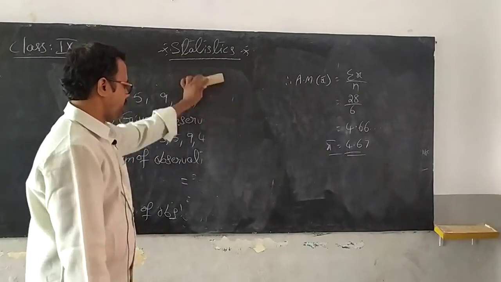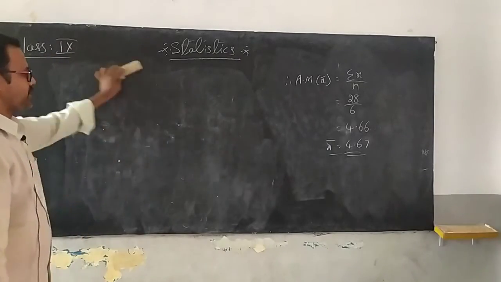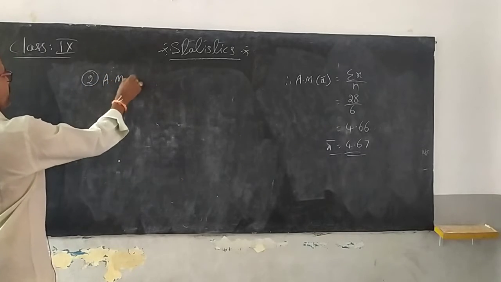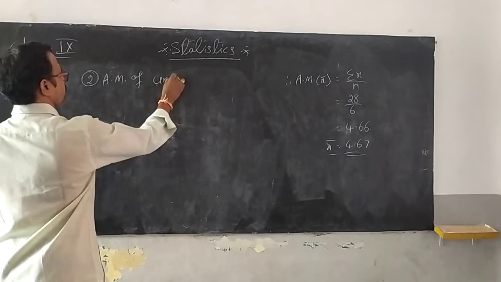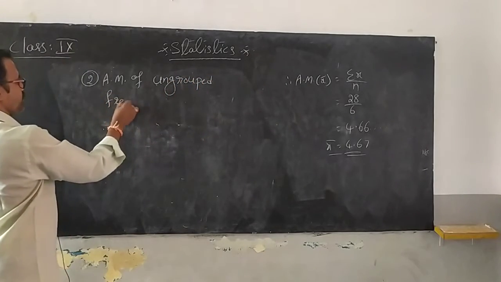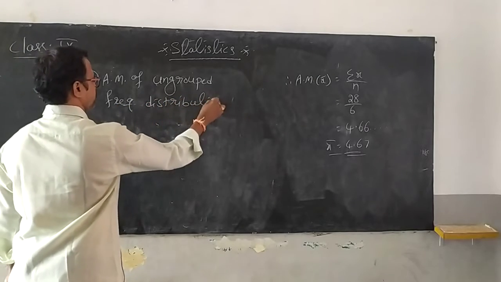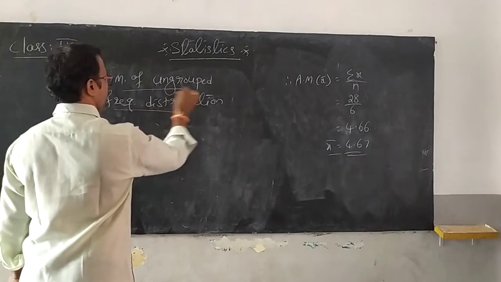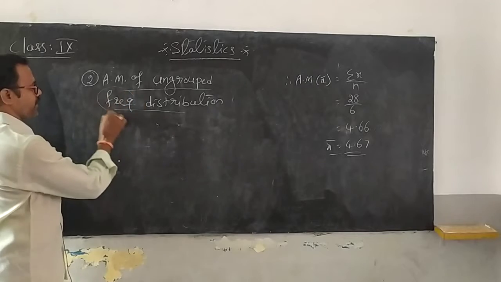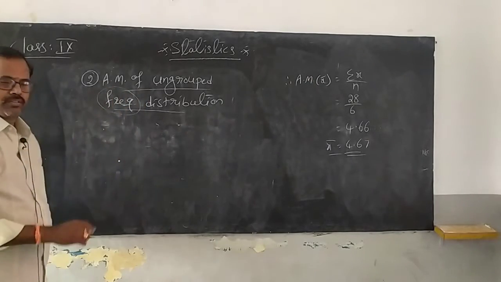The second method is arithmetic mean of ungrouped frequency distribution. Now let us see what is meant by frequency. Can you tell me what is meant by frequency?